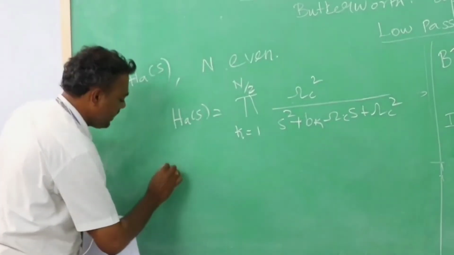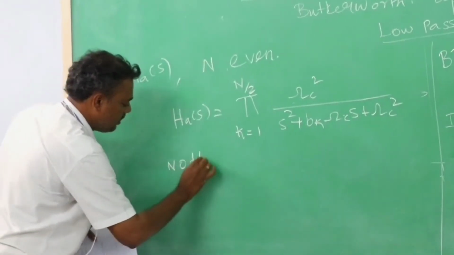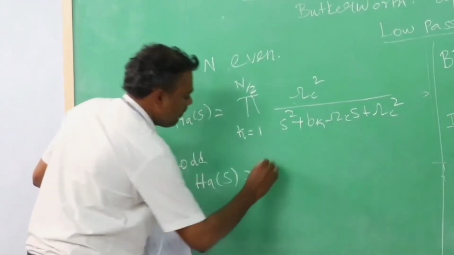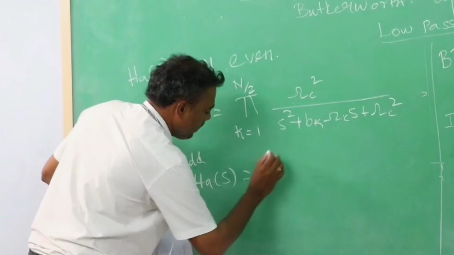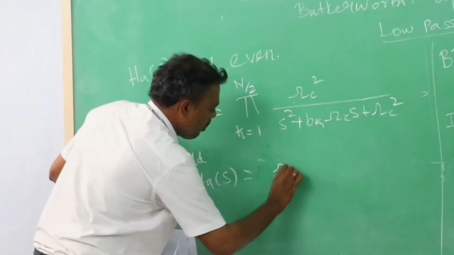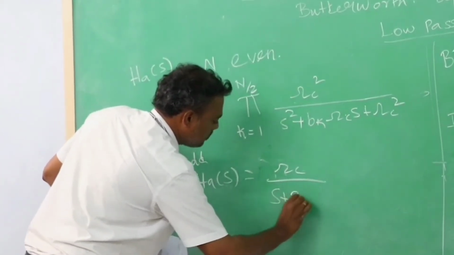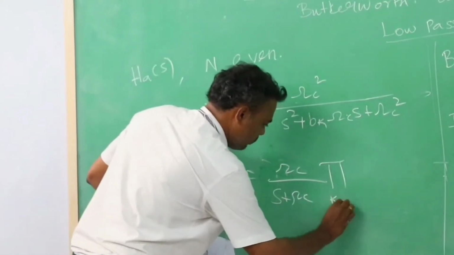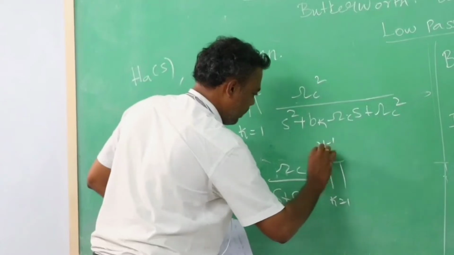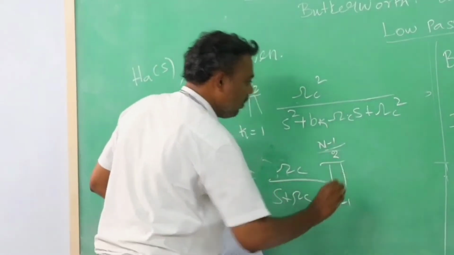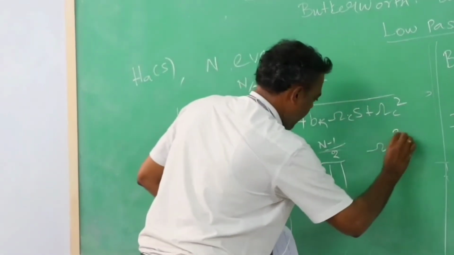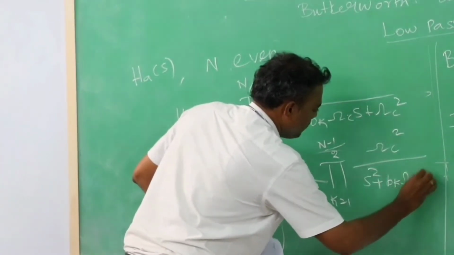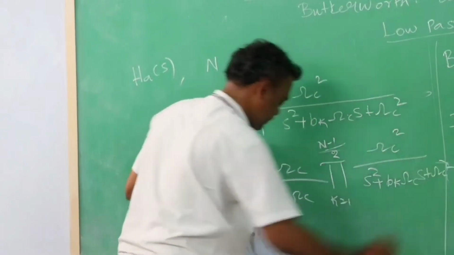When n is odd, HA of S is expressed as ohm C divided by S plus ohm C, times the product for k equal to 1 to n minus 1 by 2 of ohm C square divided by S square plus bk ohm C S plus ohm C square.